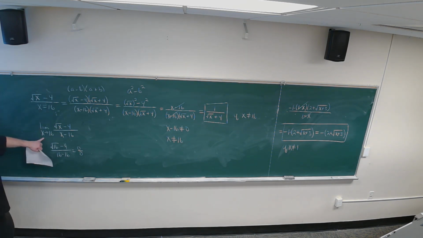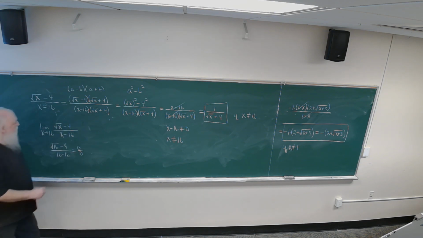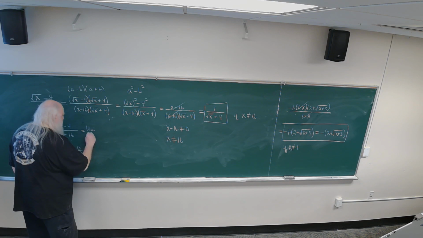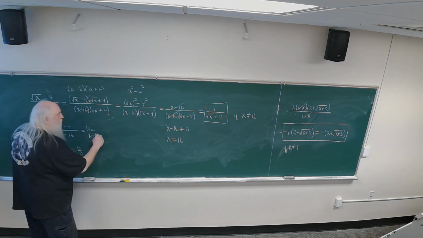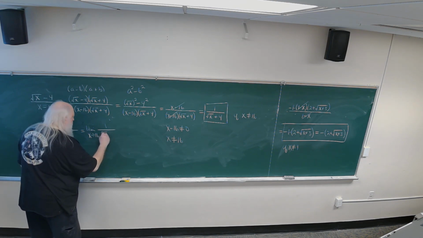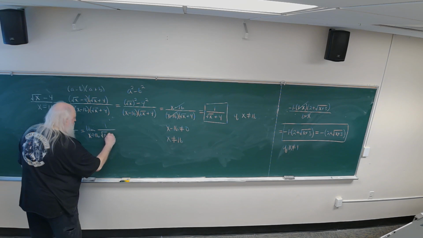But in the limit, x never equals 16. It just gets close to 16. So this quotient simplifies to what's in the box over here.